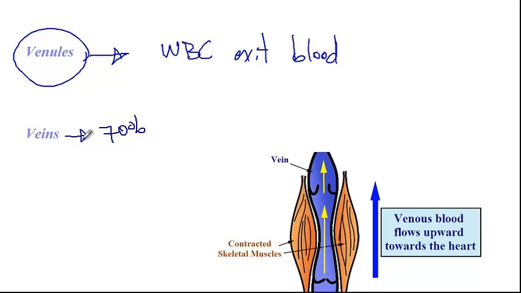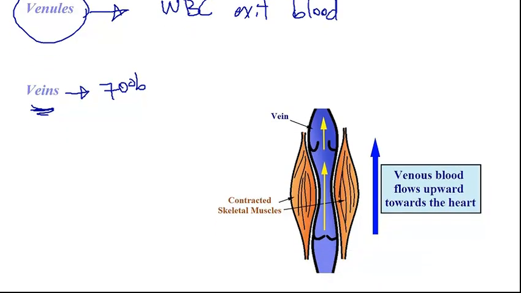All right, now the veins carry the blood back to the heart, but there is one major issue here, and it's that the pressure in the veins is dropping. So how can the blood be lifted from our legs, for instance, all the way to the heart? Because the smooth muscle in the veins is not as strong as in arteries. The answer is that via 3 different mechanisms venous blood can return to the heart.